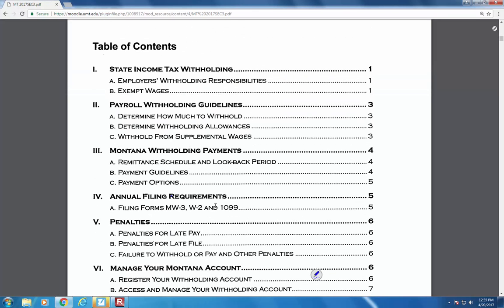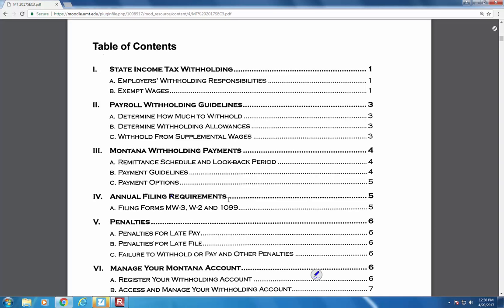You can see here is the table of contents, and again, I'm not going to sit here and read a 15-page pamphlet to you, but it's essentially the same issue that we had with federal income tax, which is you're going to have to use the W-4 to figure out how many allowances they have.